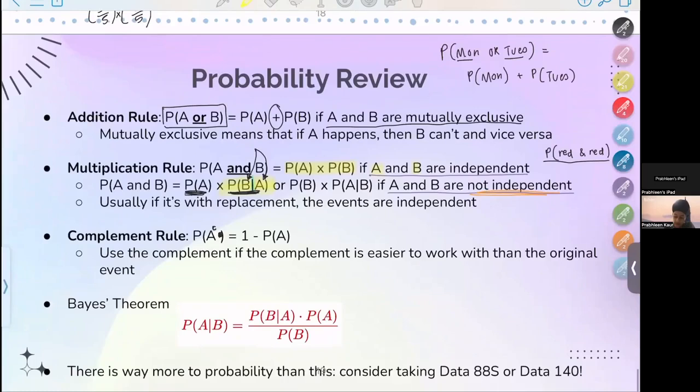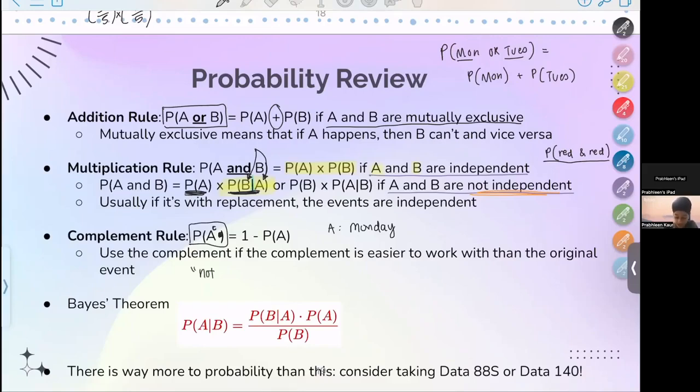Okay, the last two rules here, we have the complement rule. I will talk about this with weekdays. So A is Monday, right? Today is Monday. You think of the complement as the opposite. So the probability of the complement of A is the probability that it is not Monday today, right?